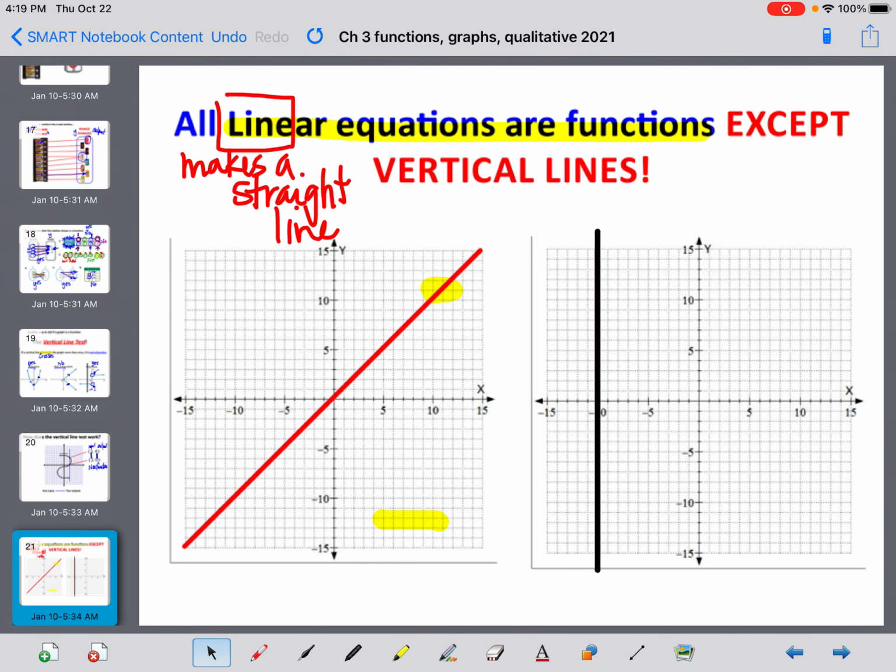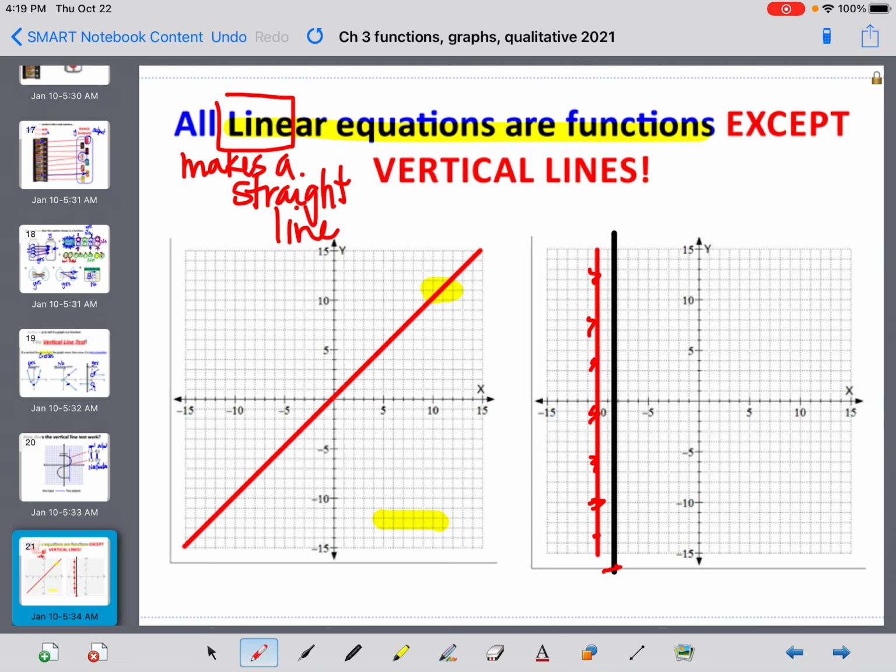Because what happens if I put a vertical line right here where that vertical line graph is? Well, it touches at every single place, right? The vertical line cannot pass the vertical line test because they are the same, right? And so if I stick that black line on top of that red line, it's touching every single point and value on that line.